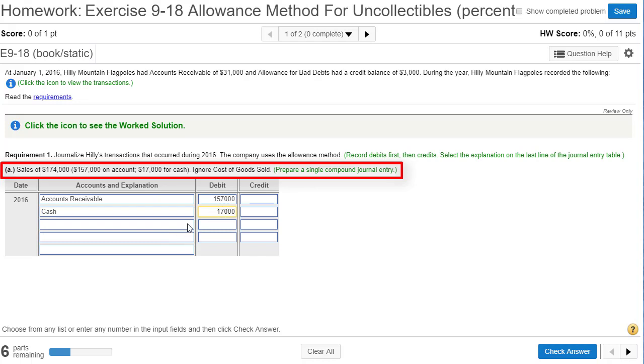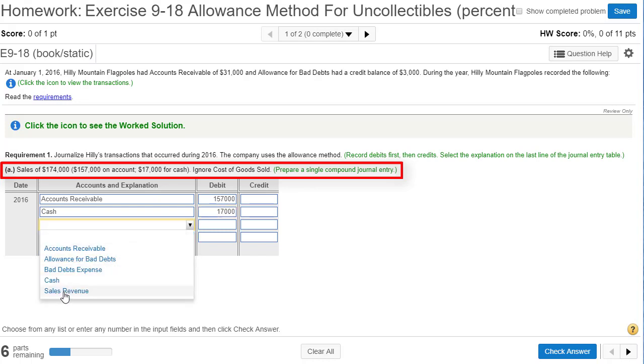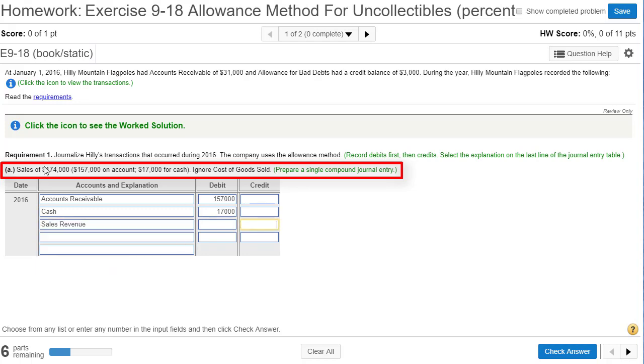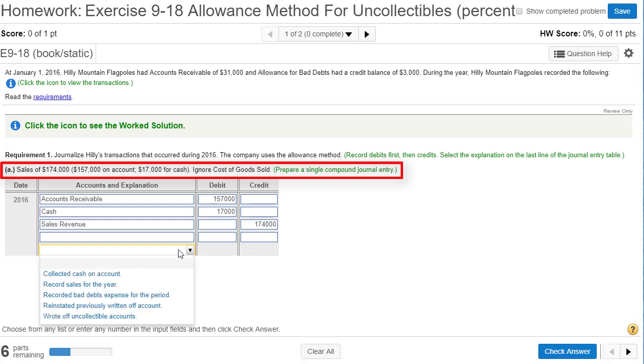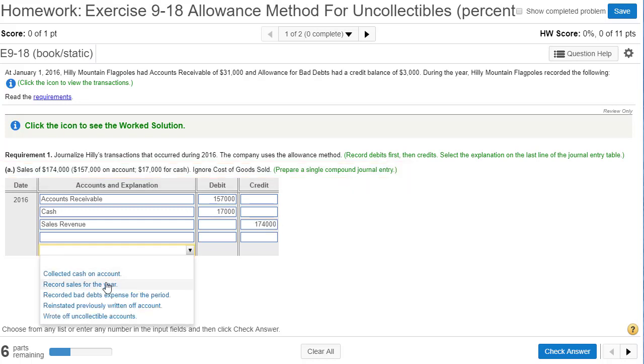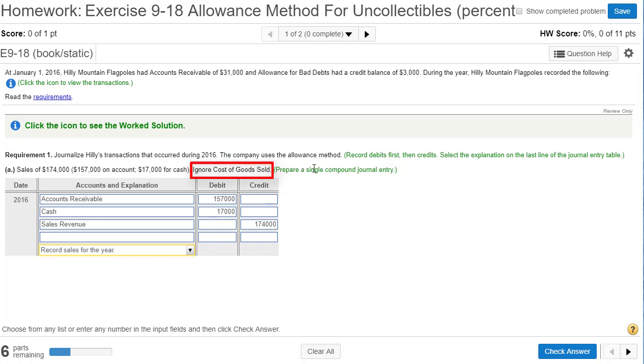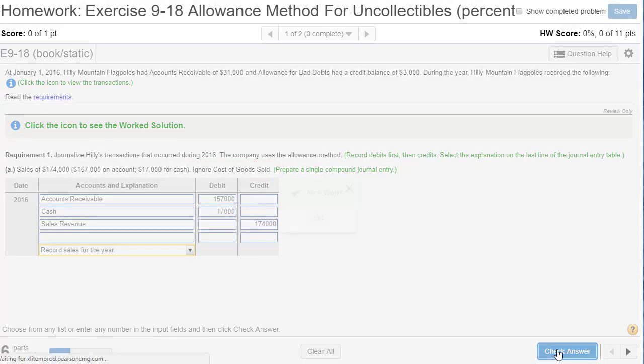And then we have total sales revenue of $174,000. So we recorded the sales for the year, and we're going to ignore cost of goods sold just to keep things simple.